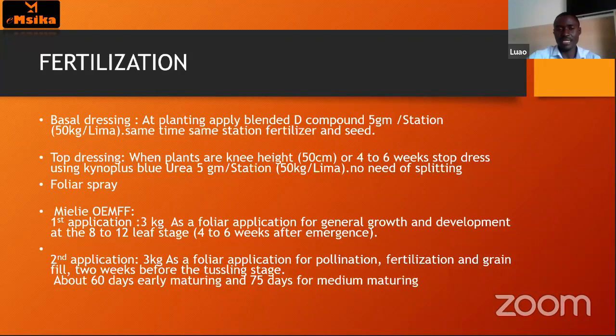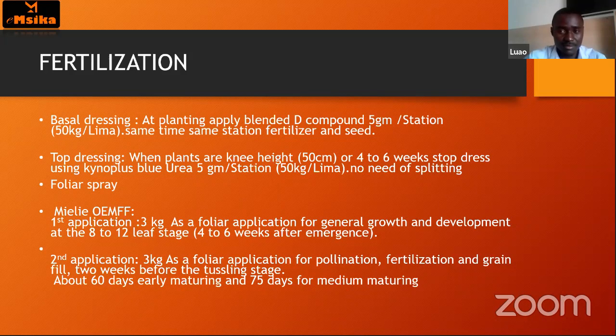But now we've got a product which has got all those properties, like it's a 10 in 1 or 5 in 1. It has got the inhibiting, doesn't leach, doesn't volatilize. So once you add it, you don't have to worry, but you still do the foliar sprays. So now, when you add the Kynoplus urea, you also have to do foliar sprays.